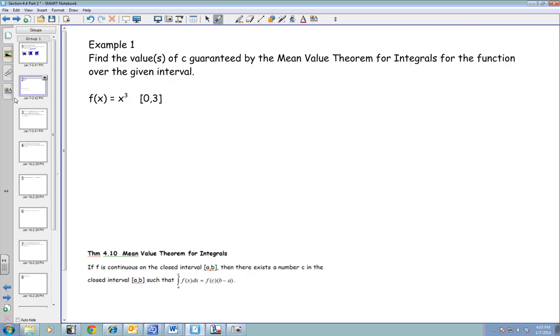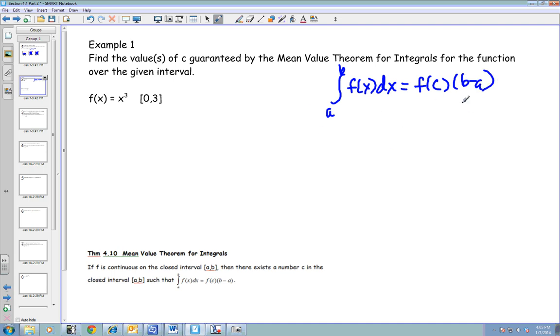I know this example is not in your notes, so you'll need to write it down someplace. I think this is actually number 45 from your homework. It'll say find the values of c guaranteed by the mean value theorem for integrals for the function over the given interval. First, I'm going to write down what that theorem said. Remember, the integral from a to b of my function has to equal f of c times b minus a.